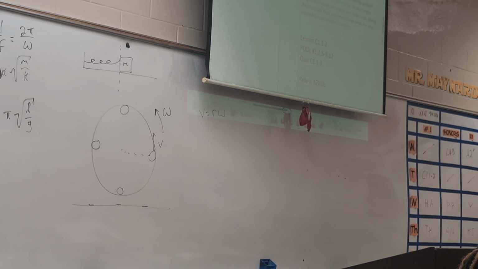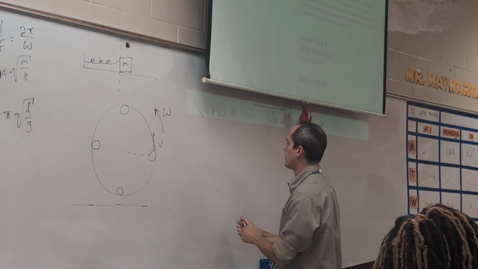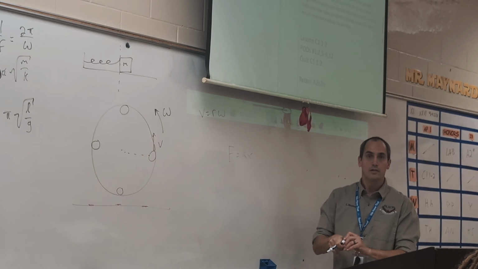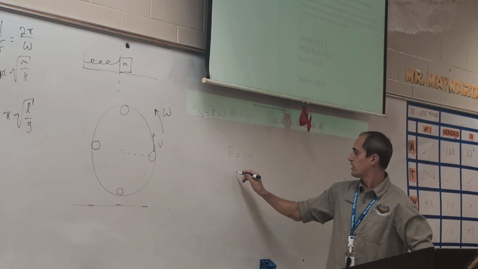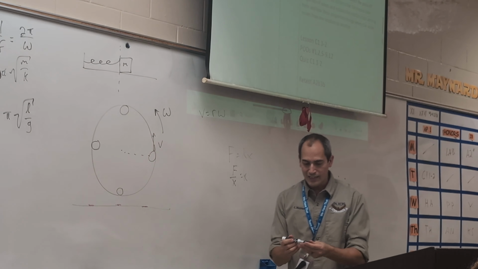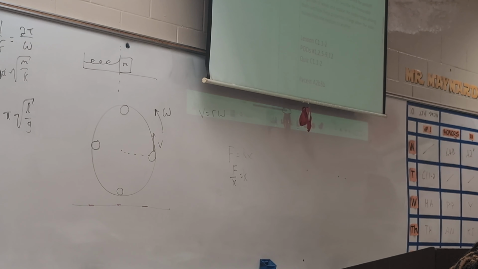So remember how we found our spring constant. Our force equation, Hooke's law, F equals kx. So if we're looking for our spring constant, it's force divided by x. When we look at this and we're trying to find out which one has the higher spring constant, is it A or B? A, I think. A does, yeah. Notice that the force acting on both of them is the same, because I have the same mass pulling down.